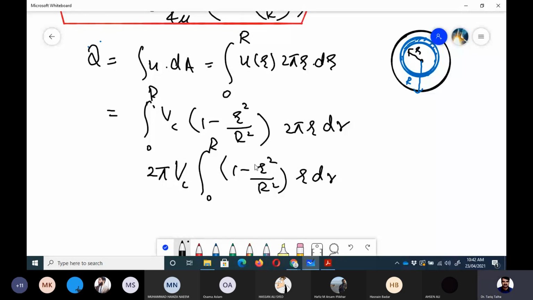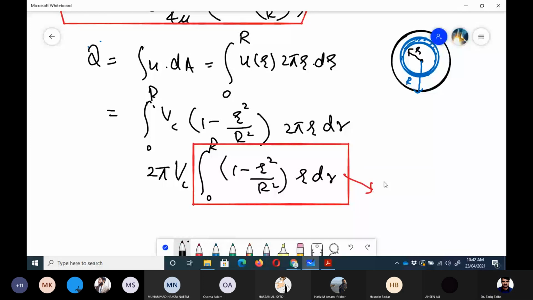Because we have limits 0 to R, if we do this, the value comes out to be 1 by 4 R square.